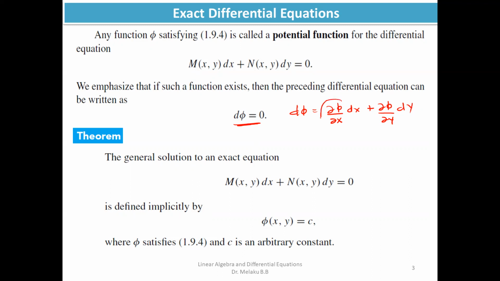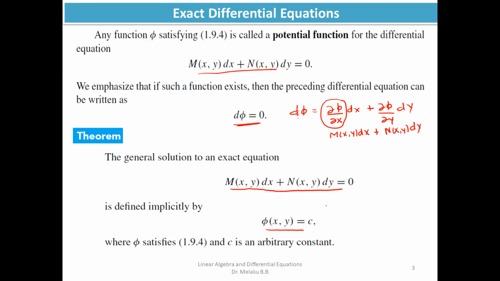If there is a potential function, this is M of x, y dx plus N of x, y dy. See, this is the same. That's why if this is equal to 0, then d phi must be equal to 0. Therefore, the general solution to the exact differential equation M dx plus N dy is defined implicitly by phi of x, y equal to a constant.